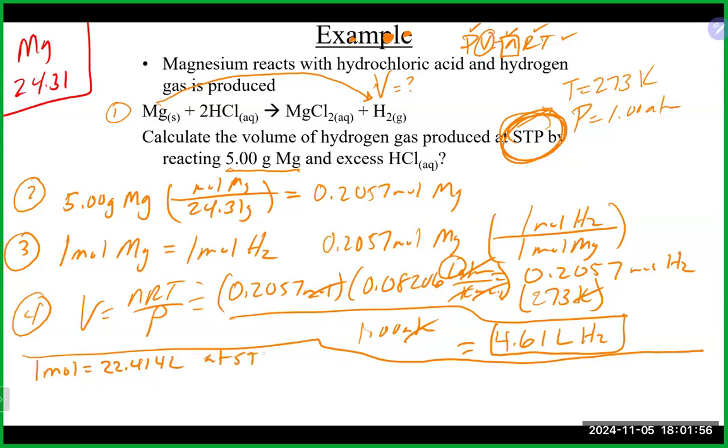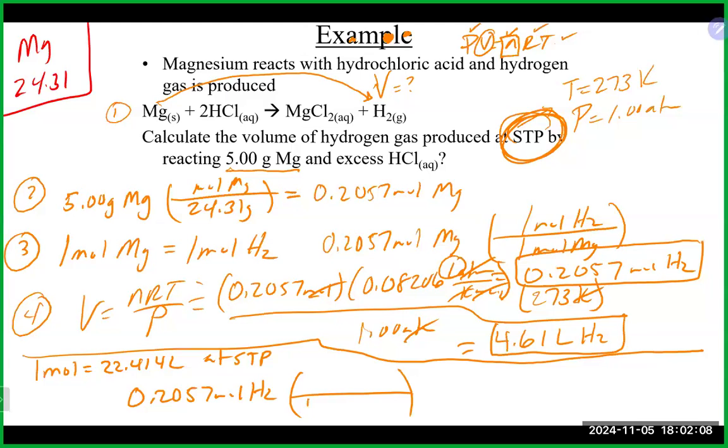That means you could have just taken the moles that we got here, 0.2057 moles of H2, and used that relationship because we were at STP conditions. The moles will cancel, and you get 4.61 liters of H2. So you could have, if you wanted to, used that conversion factor.